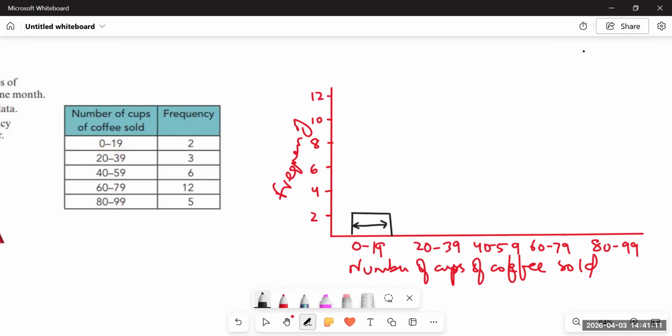Okay. Then 20 to 39 is 3. So here it is 3. We will draw it up to 3 like this. And for 40 to 59, it would be 6. Here it is 6. So we will draw it. And then for 60 to 79, it's 12. So here it is.